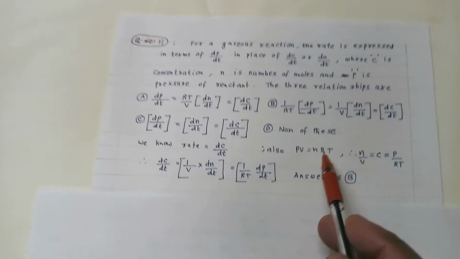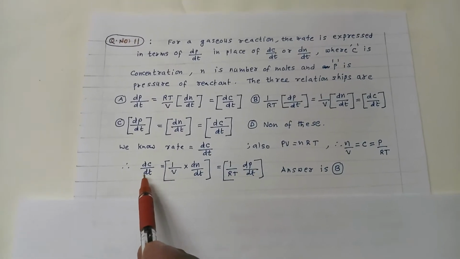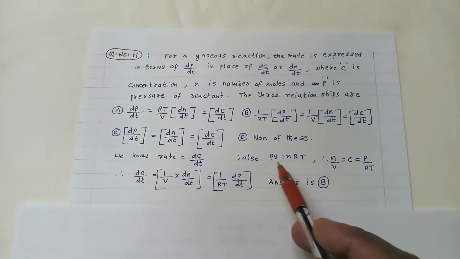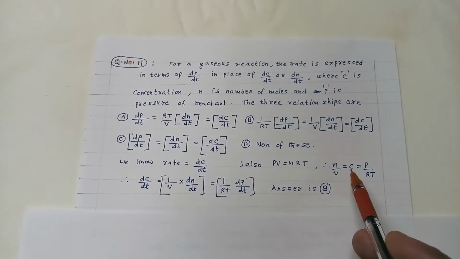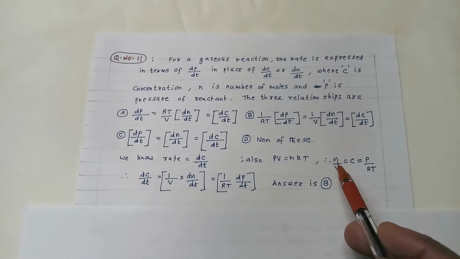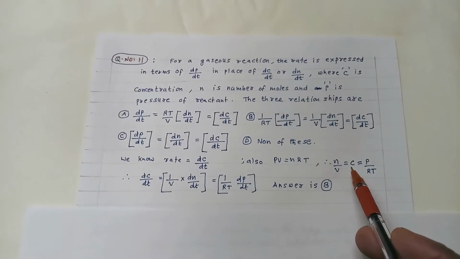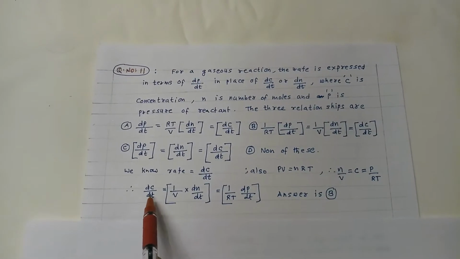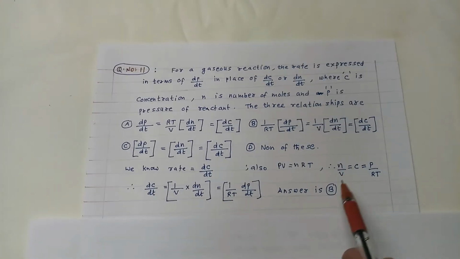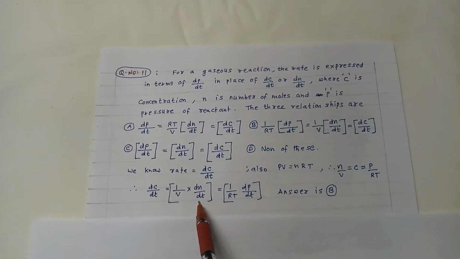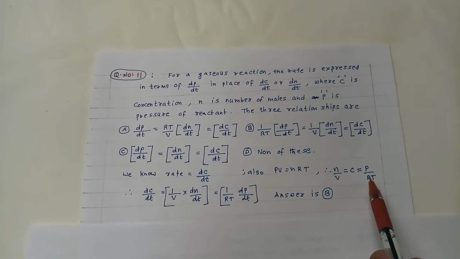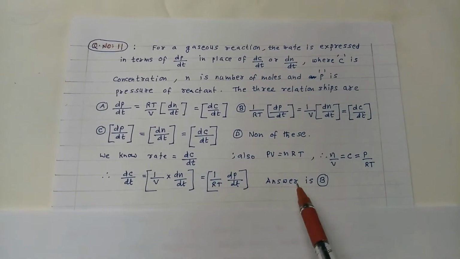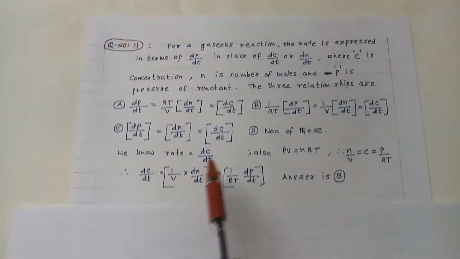Also we know PV is equal to nRT, so n by V is equal to C is equal to P by RT. Moles divided by V gives the concentration, which is equal to P by RT. So we can write dC by dt is equal to 1 by V times dn by dt, which is equal to 1 by RT times dP by dt. So it matches option B. We can tick it.